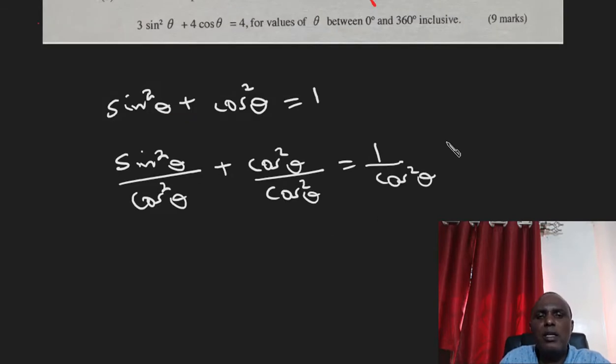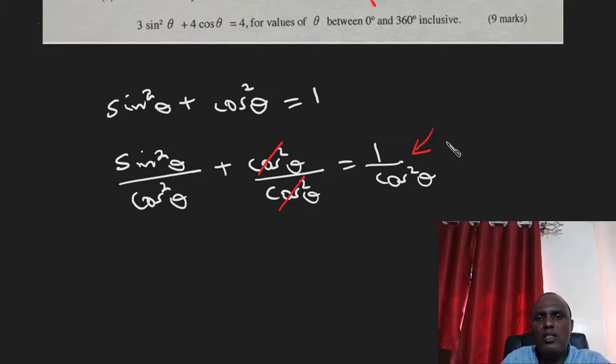What we get now is first cos squared theta will cancel with cos squared theta, and again also remember that 1 over cos squared theta is sec squared theta, and also sine squared theta over cos squared theta is same as tan squared theta.